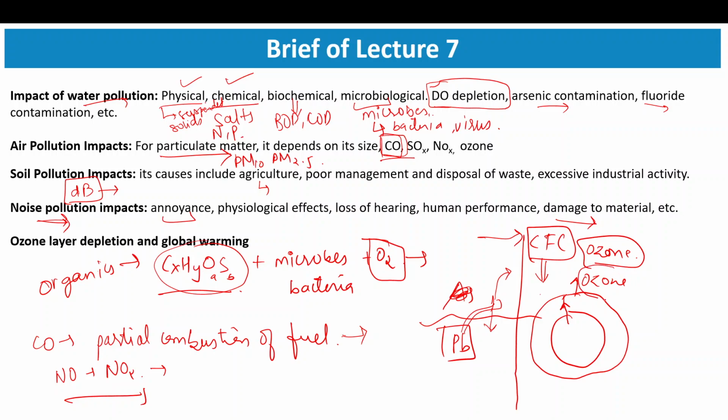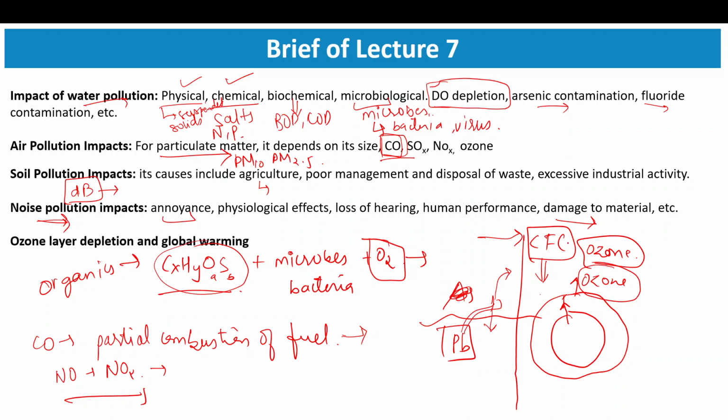Now why does this create an adverse impact? Can you tell me what the role of ozone is, and how it is important? It protects us from the ultraviolet rays coming from the sun. Yes, it protects us from UV rays, so they do not reach us.